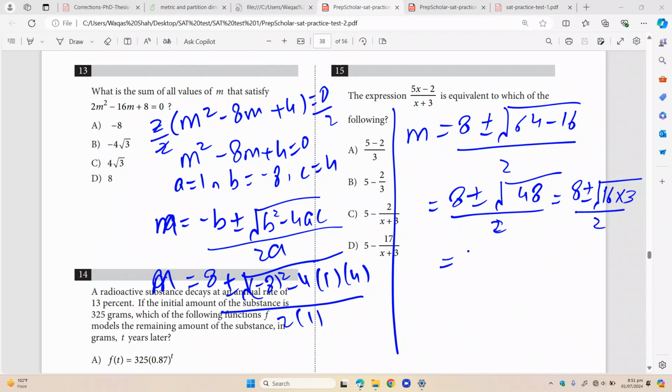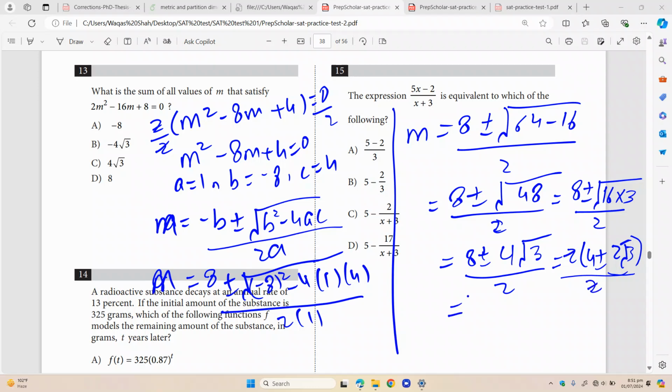Taking 16 out, the square root of 16 is 4, so 4 comes outside, and then root 3 divided by 2. Taking 2 common, it will be 2 times 4 plus minus square root 3. The 2 we took common cancels with the denominator, and we have 4 plus minus 2 square root 3.